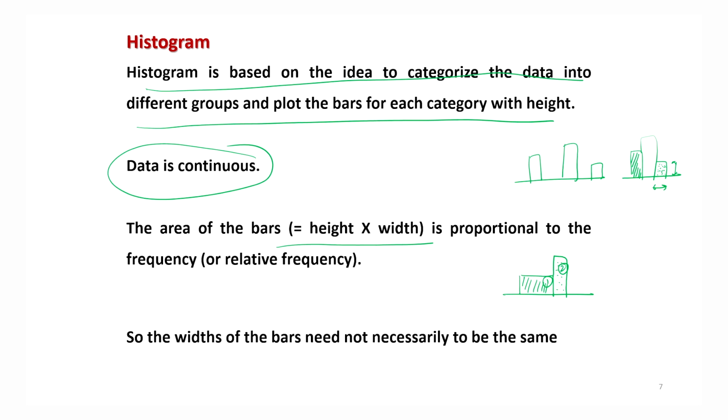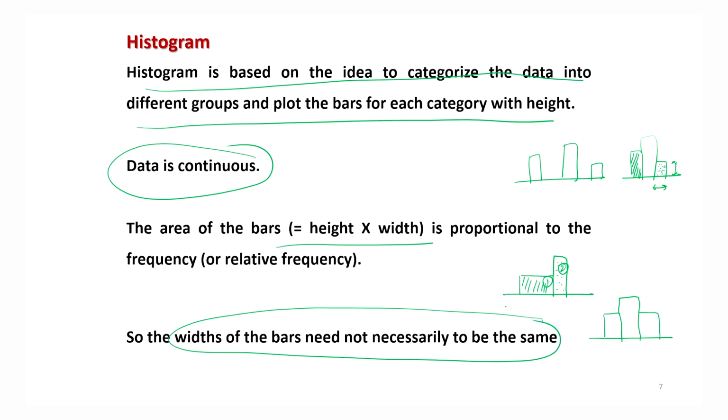So, for the sake of understanding and better illustration, as experimenters we usually try to create the bars of equal width, so that it is easier to draw inference from there. But the width of the bars need not necessarily be the same, right.